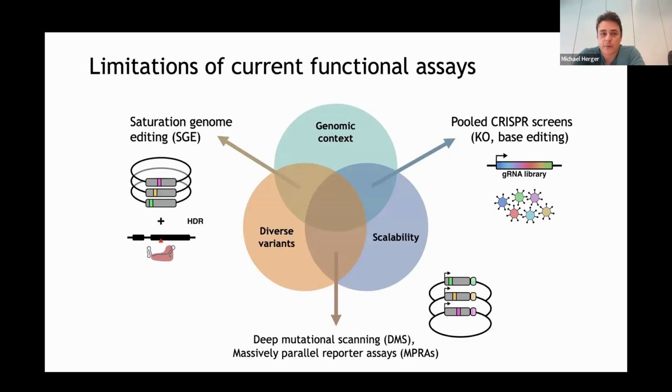Scalability is much improved compared to SGE, because variant effects are determined directly from guide RNA abundance changes and not the changes at the endogenous level. However, tested variants are currently limited to either indels or very specific point mutations on the basis of currently available CRISPR tools. And so we reasoned that employing prime editing within a pooled screening platform would enable a method that satisfies all three of these criteria.